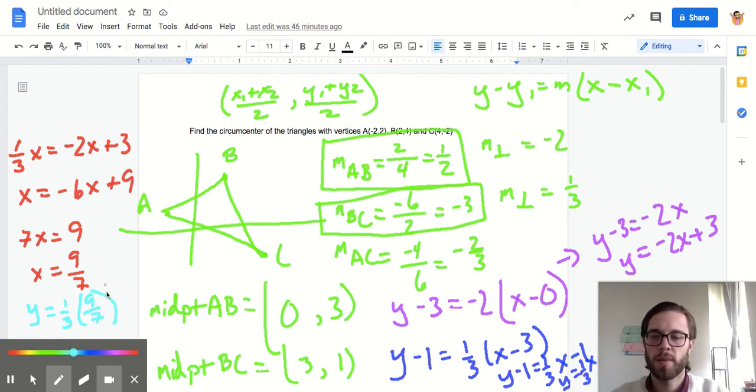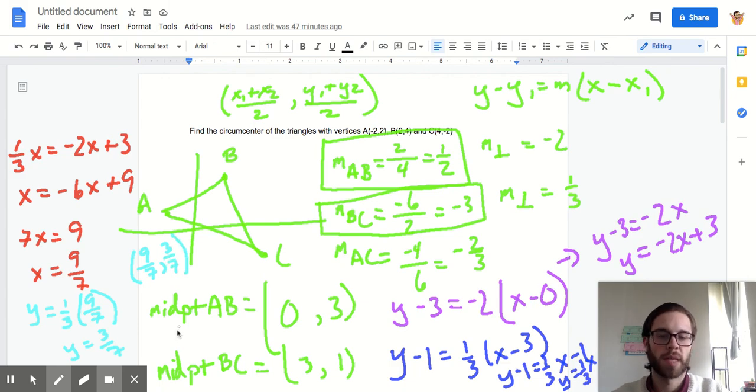So I would then end up with y equals 3/7. So in the end, my point will be 9/7, 3/7. And that would be the coordinate of the circumcenter.